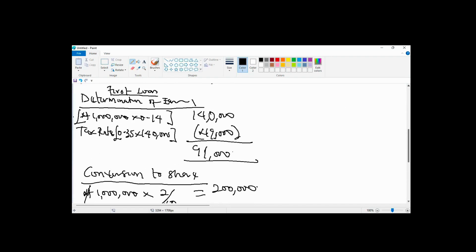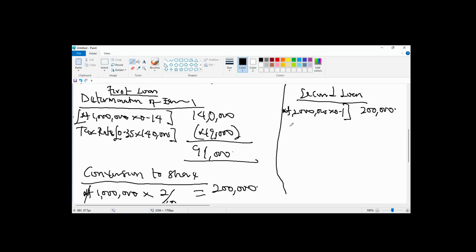Then he has another loan. I was not saying for the second loan. Convertible to. What is the loan he has? 2 million at 10%. Then I'll be paying interest of 0.1. How much is that? 200,000.